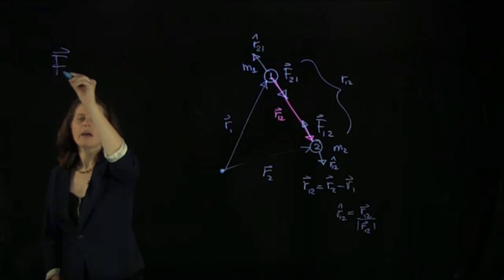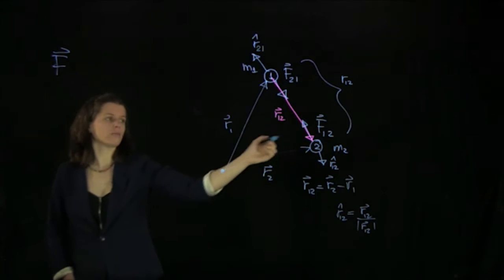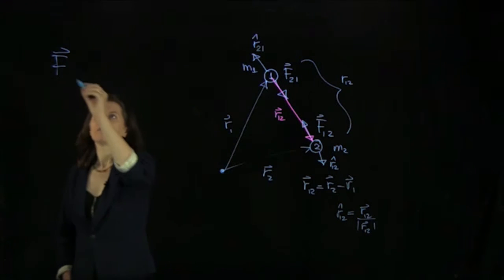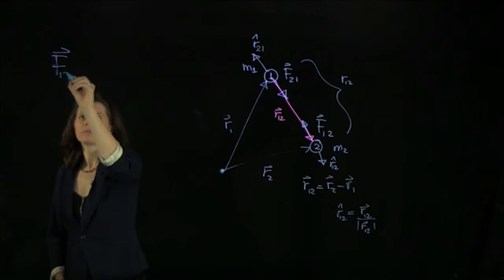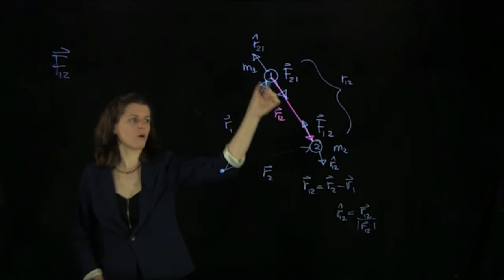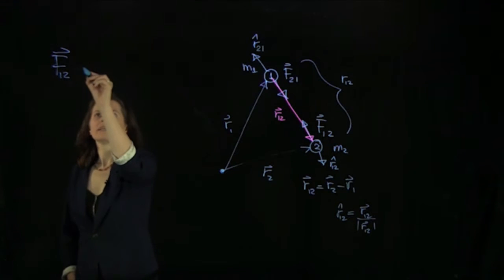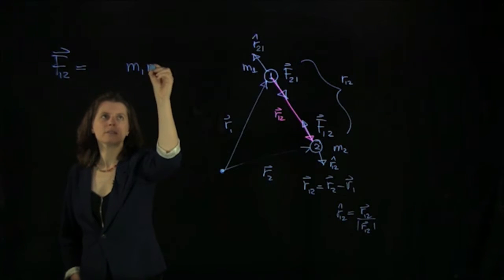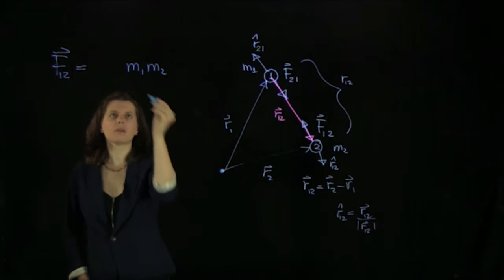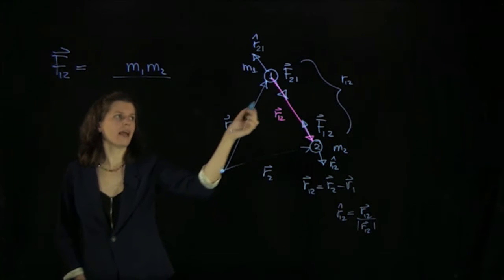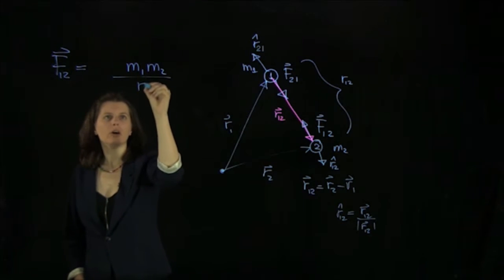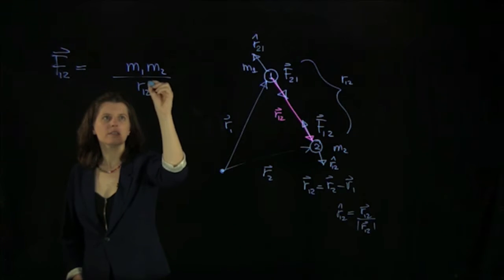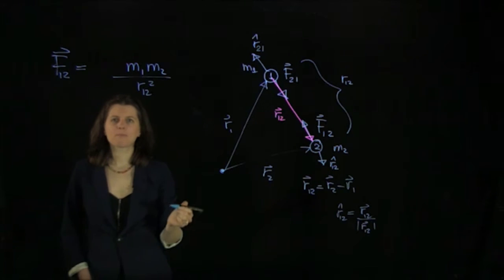So the force on object, we're going to look at object 2. The force on object 2, due to the interaction between objects 1 and 2, is proportional to the mass of the two objects. We already said that in the beginning, and inversely proportional to the square of the distance between the two objects.